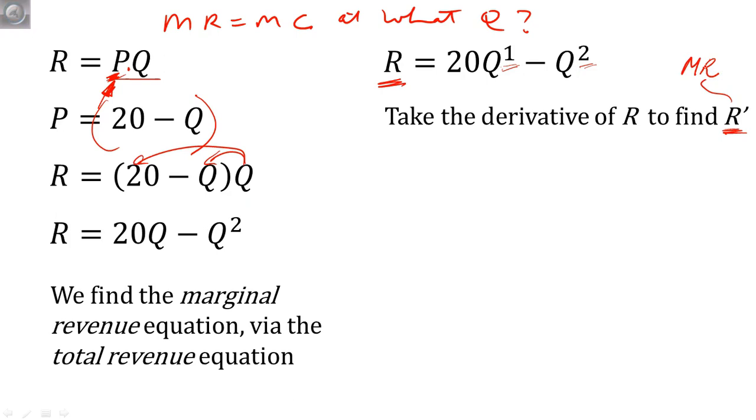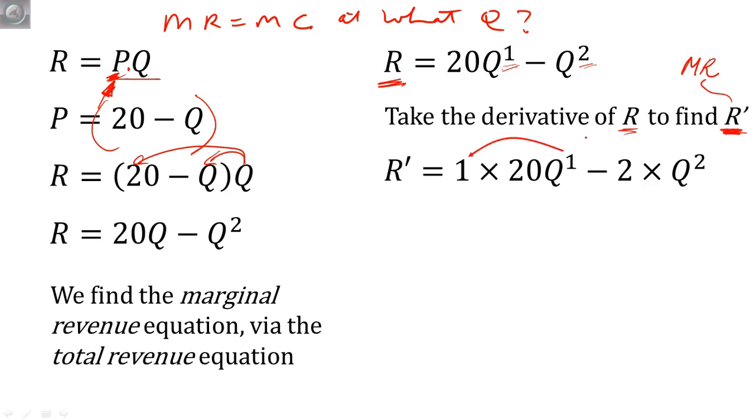Alright, so we need to do some basic calculus here. So we're going to do the quick and easy version of the basic calculus. The first step we're going to take, in order to get to the marginal revenue equation through the total revenue equation, is to take the power and put it down the front, multiply it by the front, and take the power, multiply it by the front, like that.